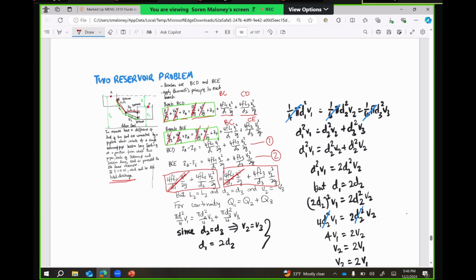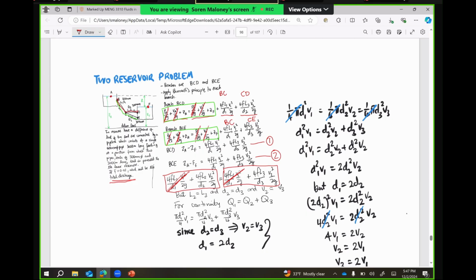Why is V2 equal to V3? Continuity principle. Yes and no, but why? Because we have the same length and the same diameter.